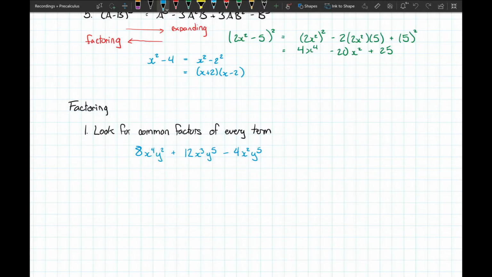Factoring out a negative means that you're going to have a lot of signs get flipped to the opposite sign. In this case, it might be easiest for us just to factor out positive 4 and keep all of the signs exactly the same. So that's one thing we're going to do. I'll write an equal sign just below this here, and we know that 4 is something that we can factor out of everything.